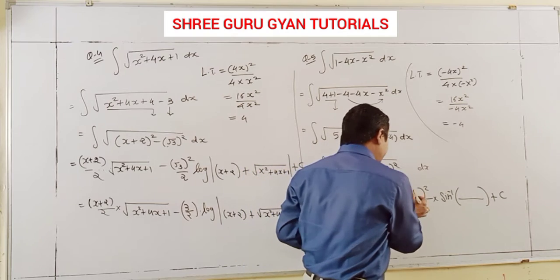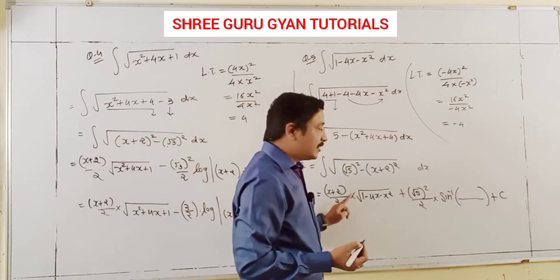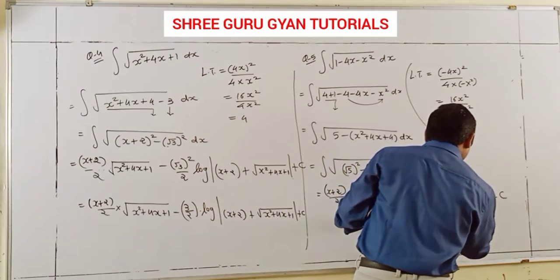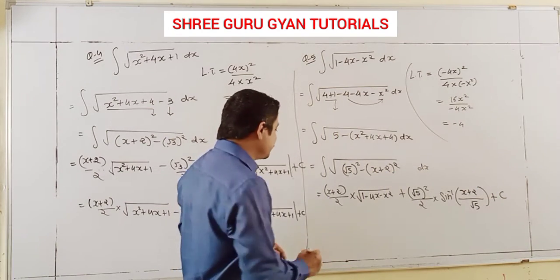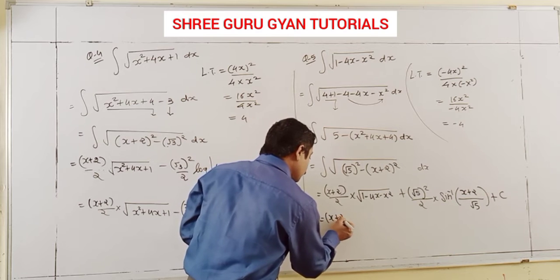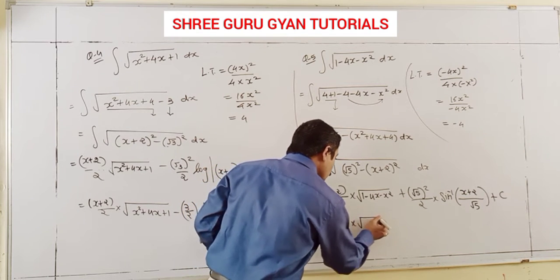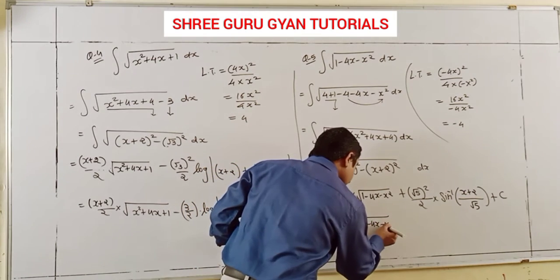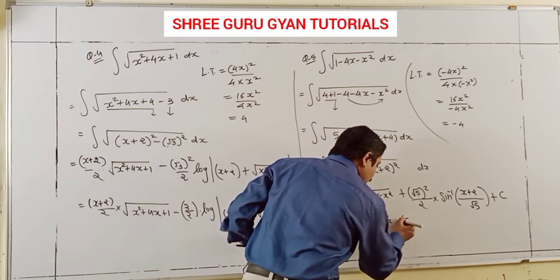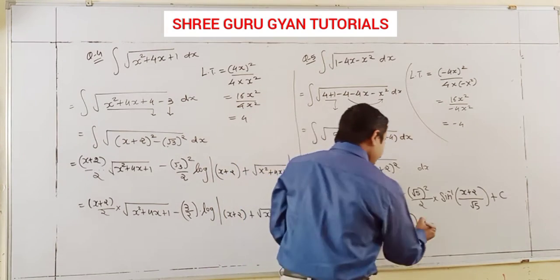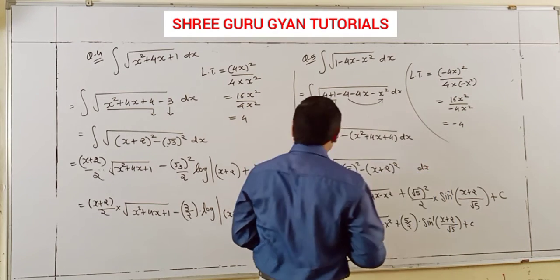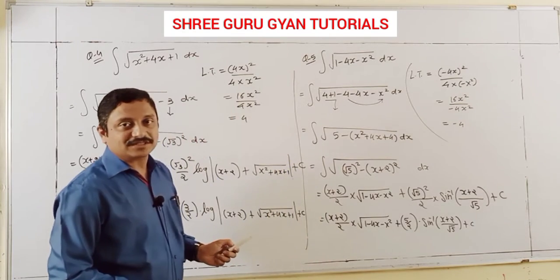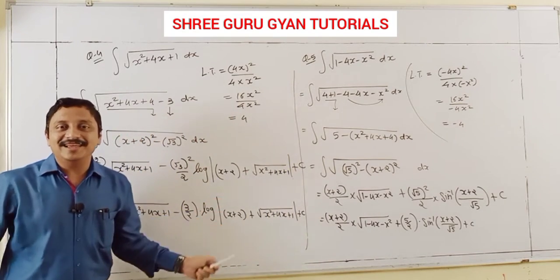I have root 5 and here x plus 2 by root 5. Now students, after ending, I just rearrange my data. X plus 2 by 2, under root 1 minus 4x minus x square, plus 5 by 2 sin inverse x plus 2 by root 5. And students, here my fifth question is done simply and easily.